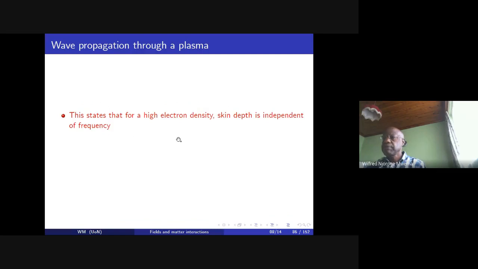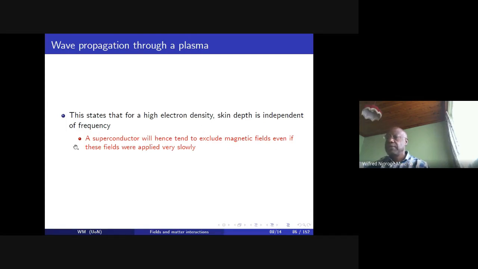So for a high electron density, the skin depth is independent of frequency, which is opposite to what we had for a perfect conductor, where the skin depth is proportional to the square root of frequency. A superconductor will hence tend to exclude magnetic fields, even if these fields were applied very, very slowly.